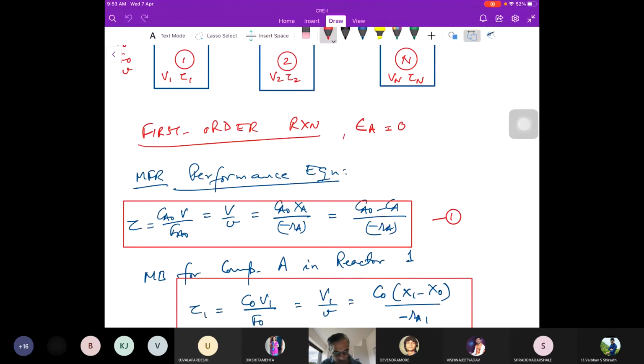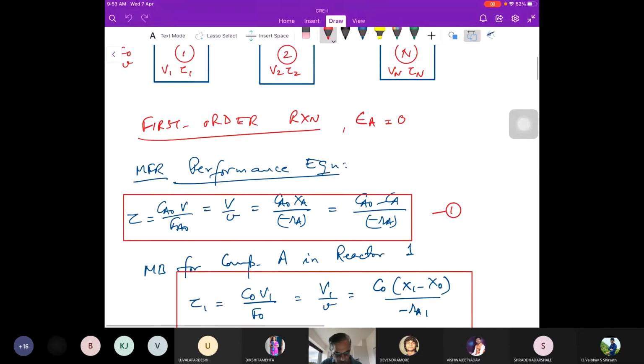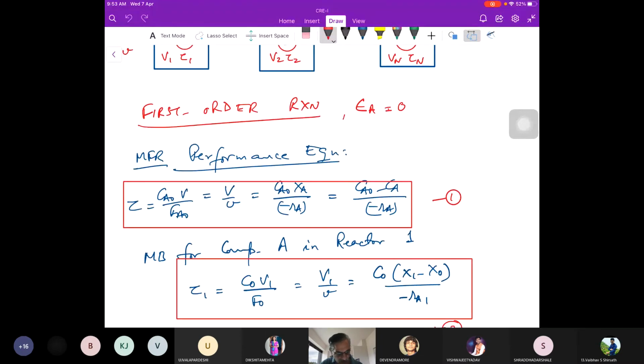We know the mixed flow performance equation, given by equation 1: tau is equal to Ca naught V upon Fa naught, which is equal to capital V upon small v. That is equal to Ca naught Xa upon minus Ra, or you can write Ca naught minus Ca upon minus Ra.